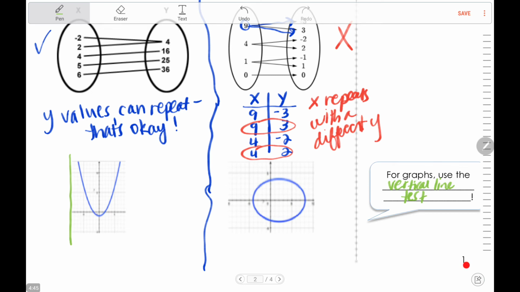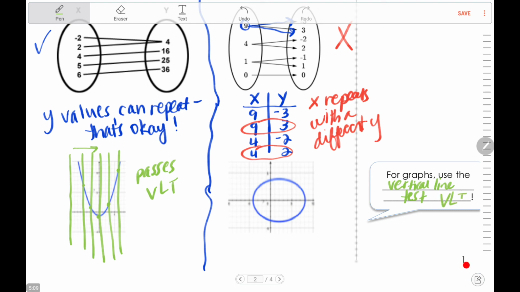Is it touching the graph only once every single time? Imagine this line is traveling, right? If it was traveling in this direction, it only hits the graph once. Once here, once here, once here, once here, once here. So it passes the vertical line test.